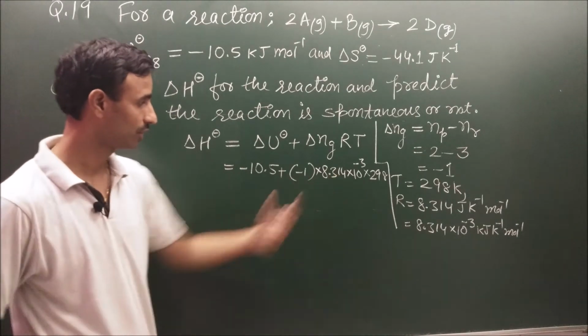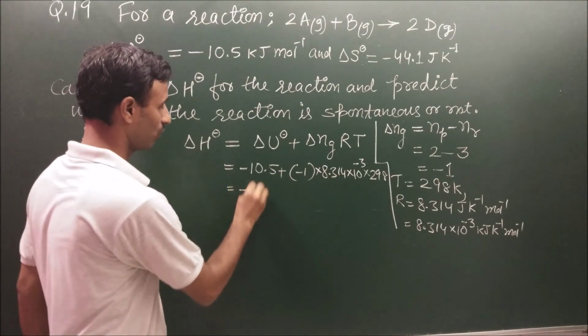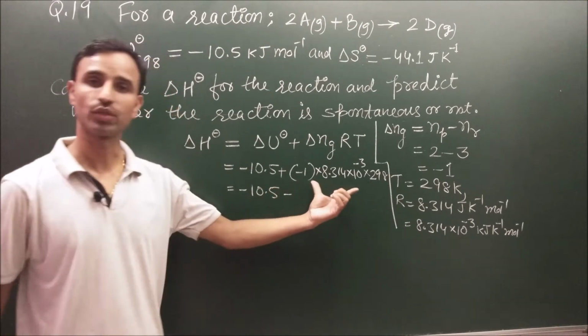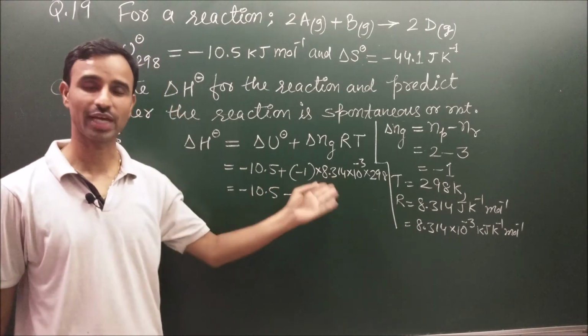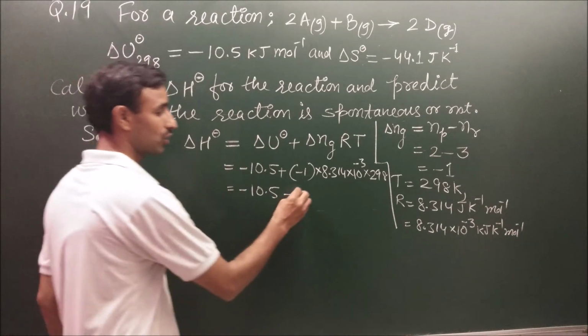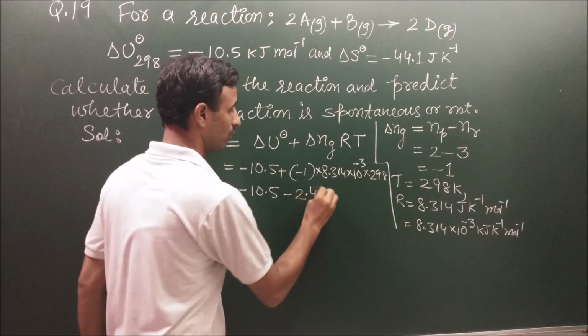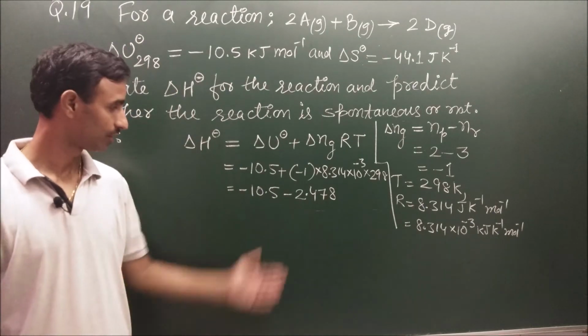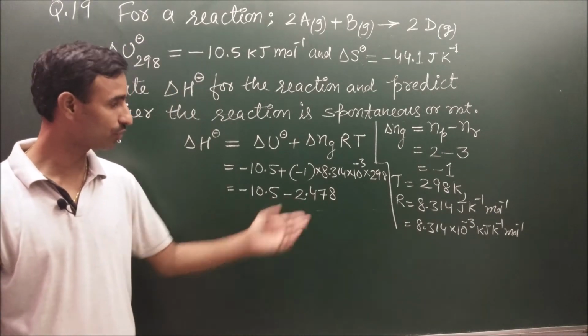So just calculate the value. This value comes out to be minus 2.478. So add these values.